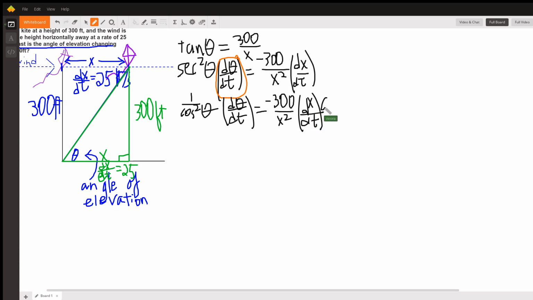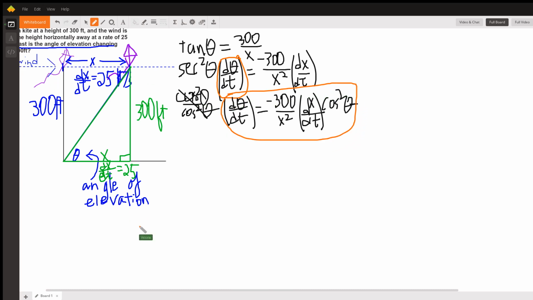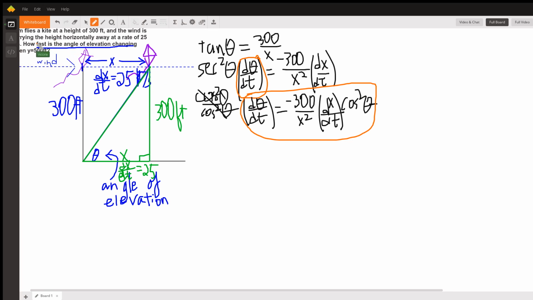And now I'll multiply both sides by cosine squared theta, and it makes this one go away. And now I have an equation right here for what I want, which is how fast the angle of elevation is changing. That is d theta/dt.